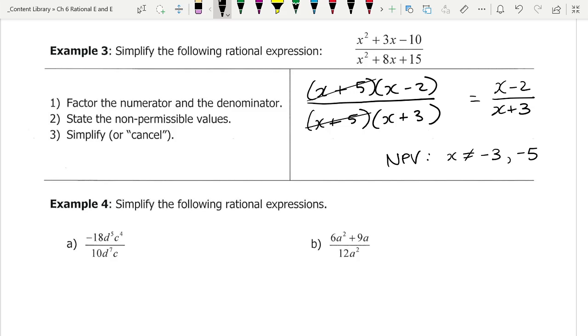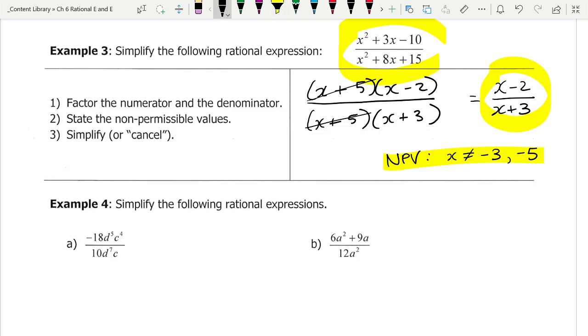And I can't say they're equivalent if I can find a number where I don't get the same answer when I plug it in for both things. So this big expression that we started with is equivalent to this as long as I avoid those numbers. So for every other number in the universe, those 2 expressions are identical except for those 2 non-permissible values.